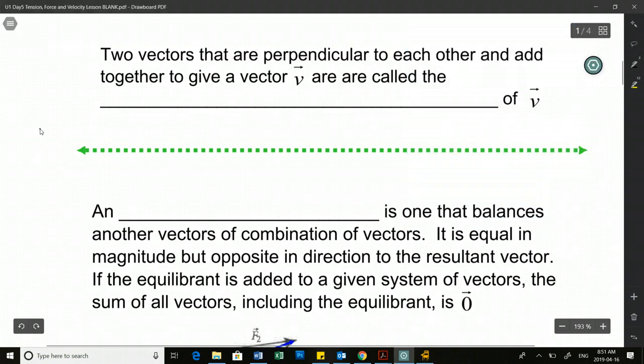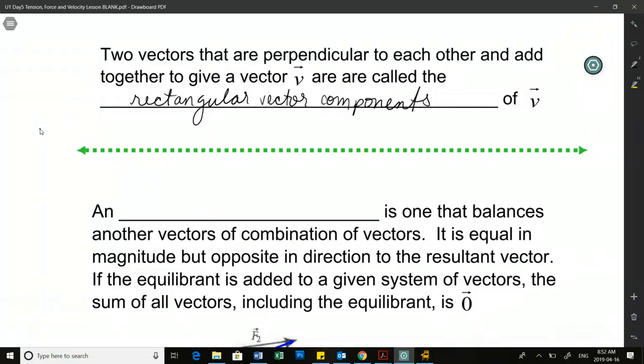Okay, so they are called the rectangular vector components of v. Sometimes they are called the perpendicular vector components as well.